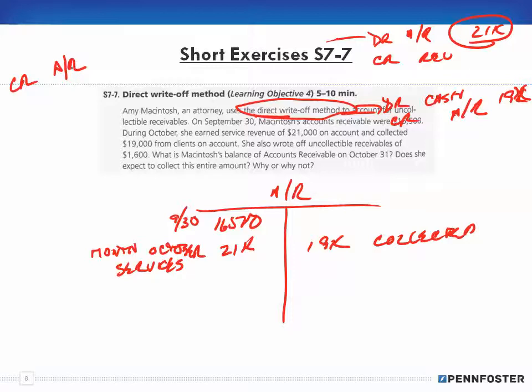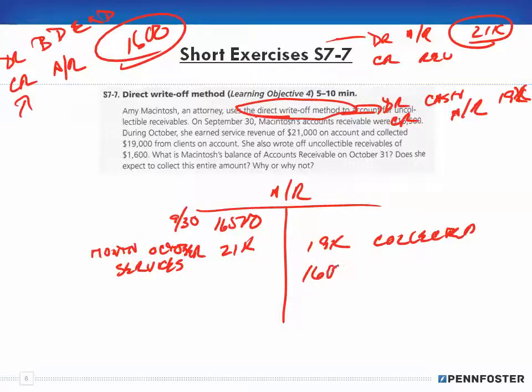It no longer should be on her accounts receivable, and she's debiting bad debt expense. In this case, it was for however many customers. It ended up being $1,600. So when she was making those journal entries, she's crediting the accounts receivable in the amount of $1,600 as write-offs directly to bad debt expense.